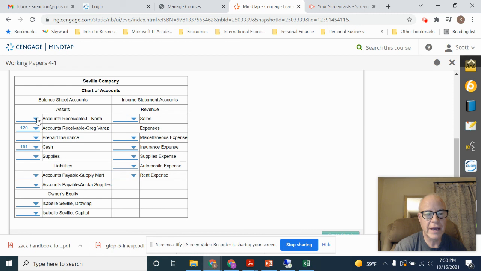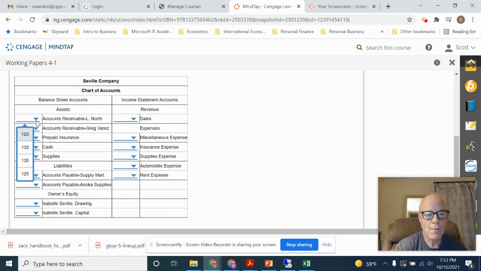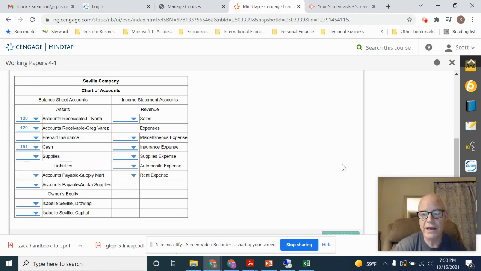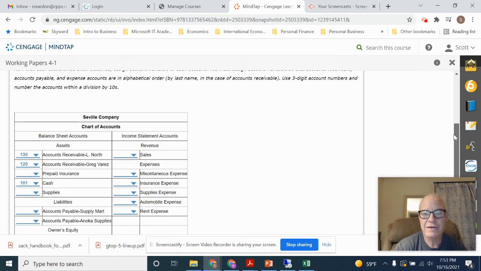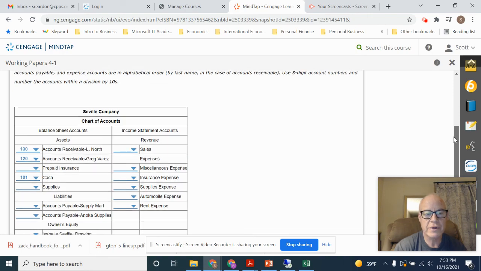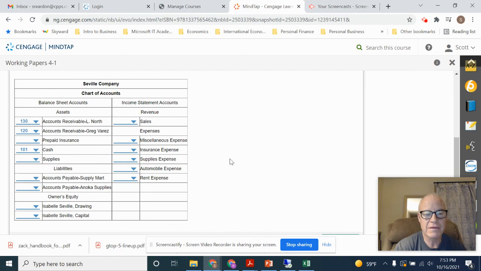Accounts receivable L North alphabetically is after Greg. I'd give them maybe 125. No, they wanted 130. They said by 10, right? Use three-digit accounts and number the accounts within a division by tens.